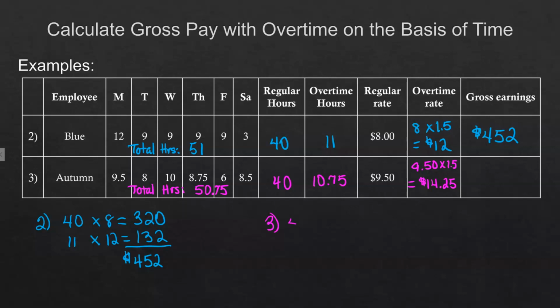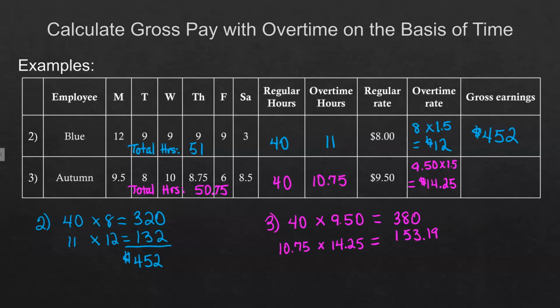We're going to do 40 hours times regular pay, and then we're going to do 10.75 hours times the overtime pay amount. Okay, so it's $380 for regular pay with an additional $153.19.